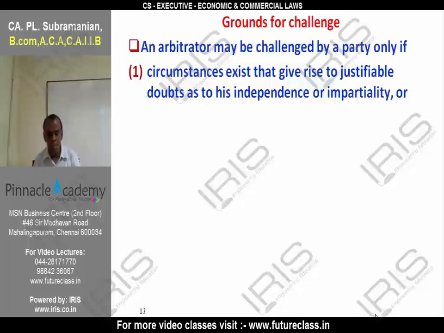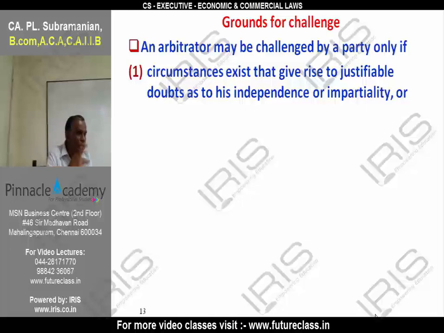Circumstances that give rise to justifiable doubts as to independence and impartiality. The Act says that circumstances exist that give rise to justifiable doubts as to his independence or impartiality. We have to prove to the court that he will not be independent.